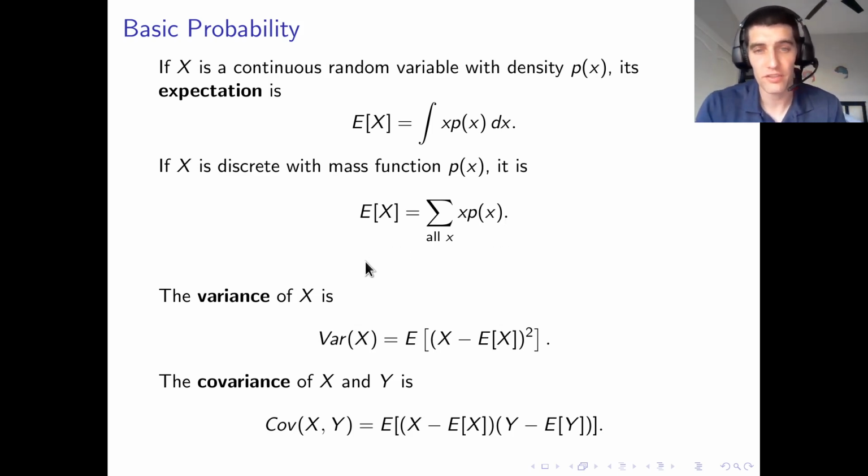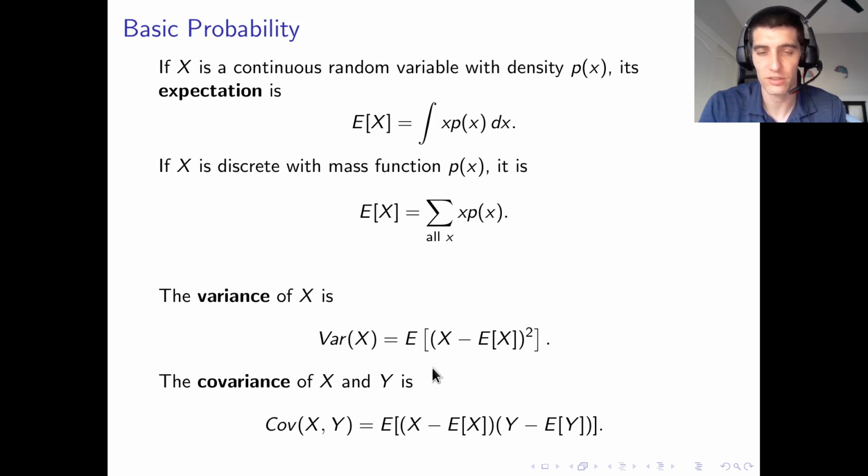And the variance of x is defined as the expectation of (x minus the expectation of x) squared. So this is the expectation of the squared difference between x and its own expectation. This is the sort of average squared distance between x and its expectation.